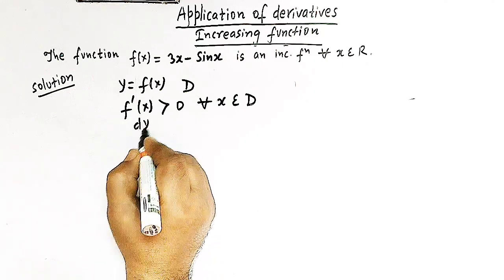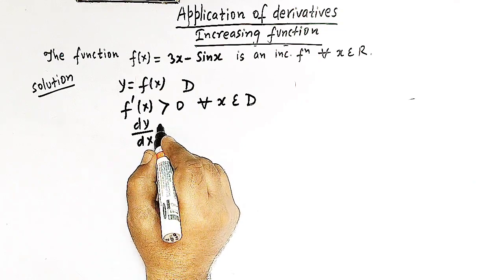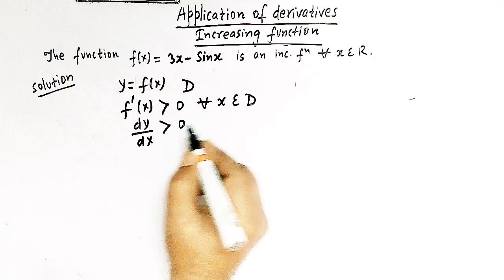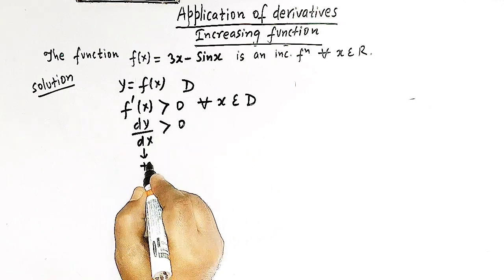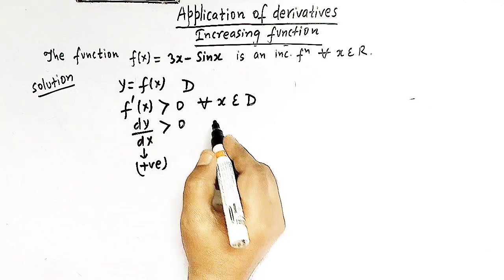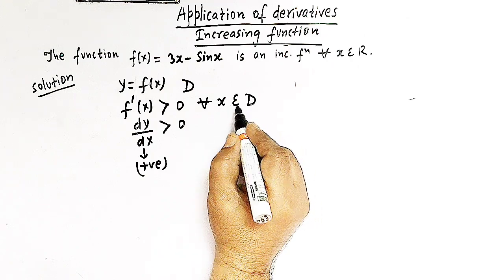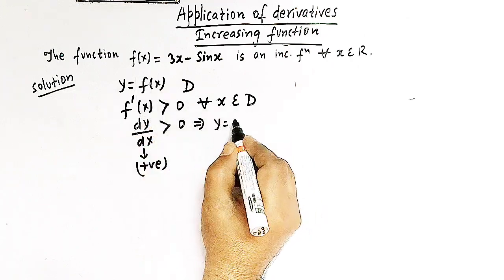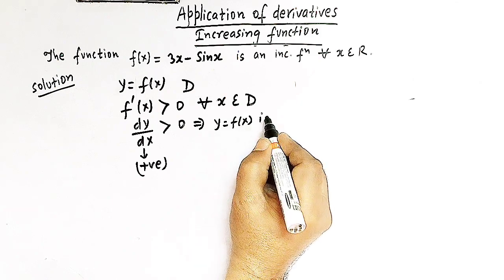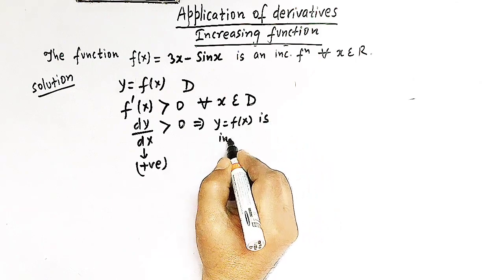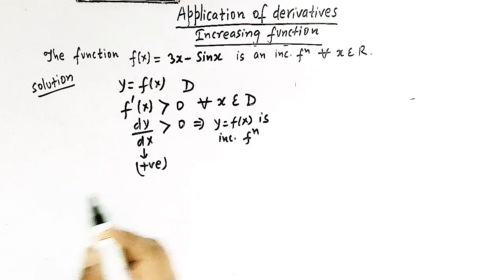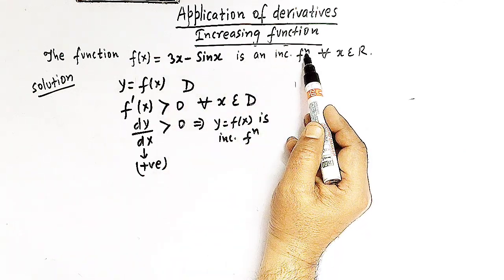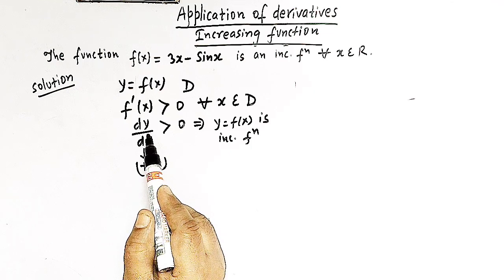So here if the derivative, that is dy over dx, that is the slope, is always greater than 0, or this quantity is always a positive quantity for all x belonging to D, then the function y is equal to f of x is said to be an increasing function. So here we will prove this function to be an increasing function using this definition, right?